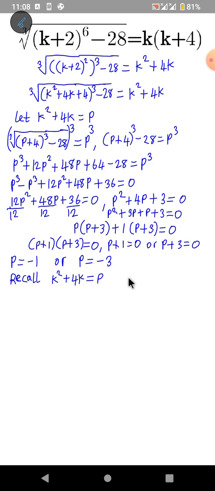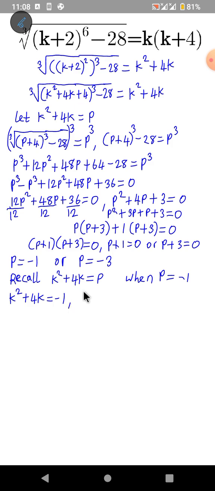So now I'm going to start with when p is equal to minus 1. Anywhere I see p in this expression here, I'm going to put minus 1. So write k square plus 4k is equal to minus 1.